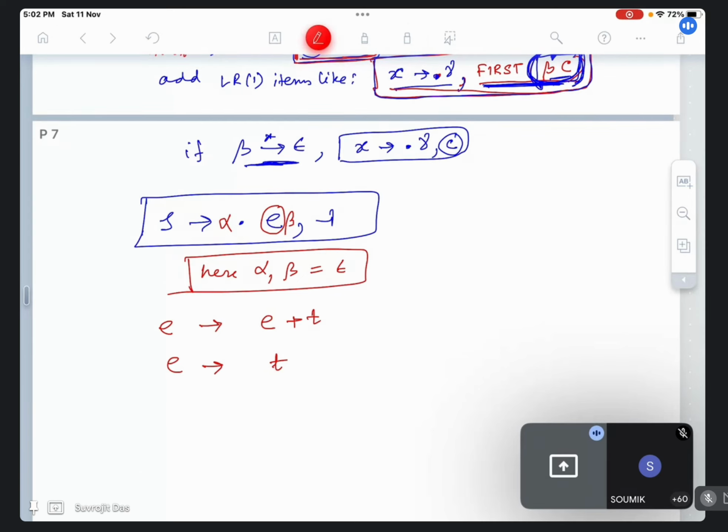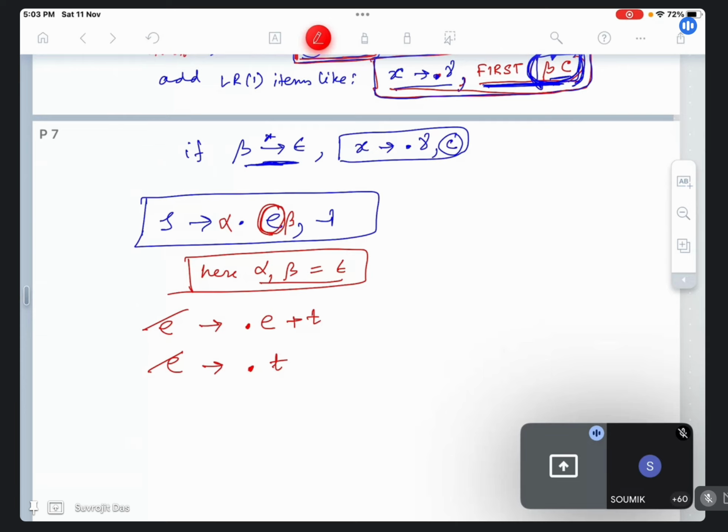So let us build one LR1 item. To build an LR1 item, I have to put dots here. So I take these two productions that have E on the left hand side because I'm taking care of this E. Alphas and betas are epsilon in our case.